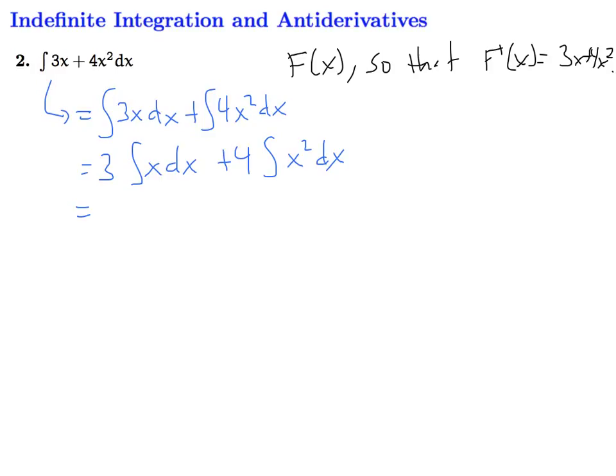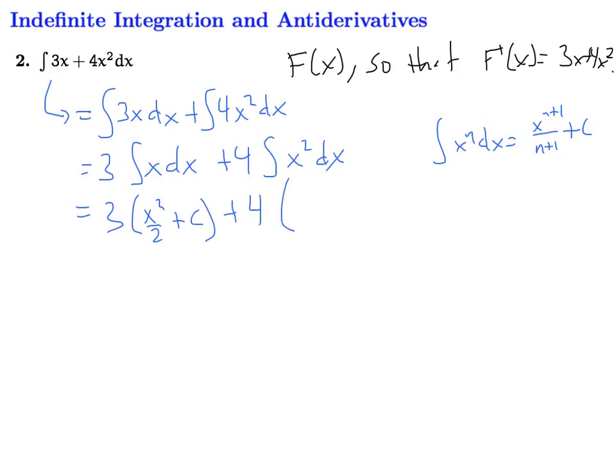Also, just using my good friend the power rule here with n equals 1, I've got myself 3 times x squared over 2 plus a constant, plus 4, using my good old friend the power rule, x cubed over 3 plus another constant.